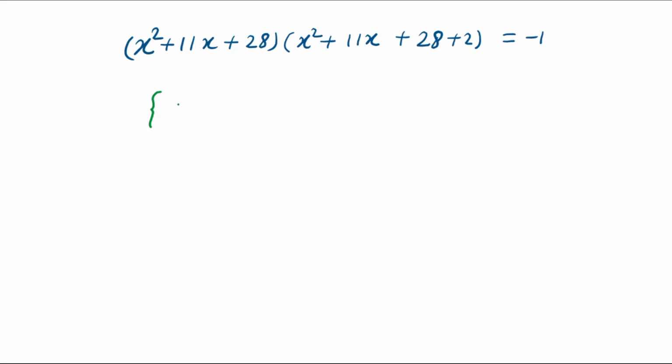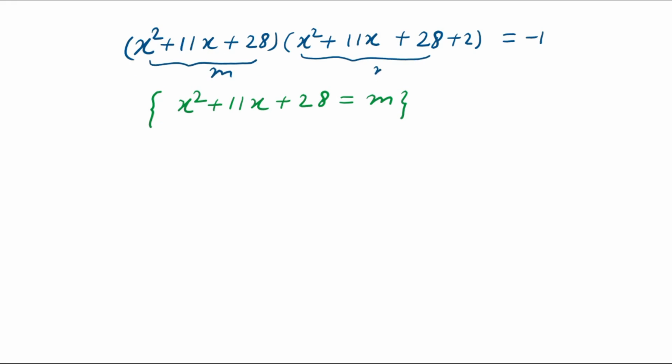If we substitute x square plus 11x plus 28 equal to m, this expression is m and this expression is m plus 2. Then we can write m times (m plus 2) is equal to -1. m times (m plus 2) is m square plus 2m, this is equal to -1.